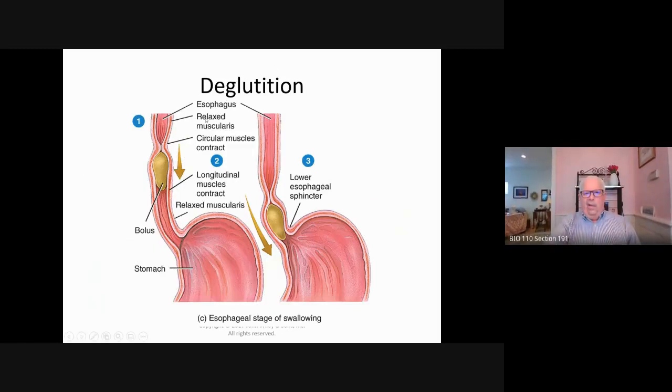Swallowing. You relax the muscles of your esophagus and everything contracts, and the bolus of food goes from the esophagus into the stomach.